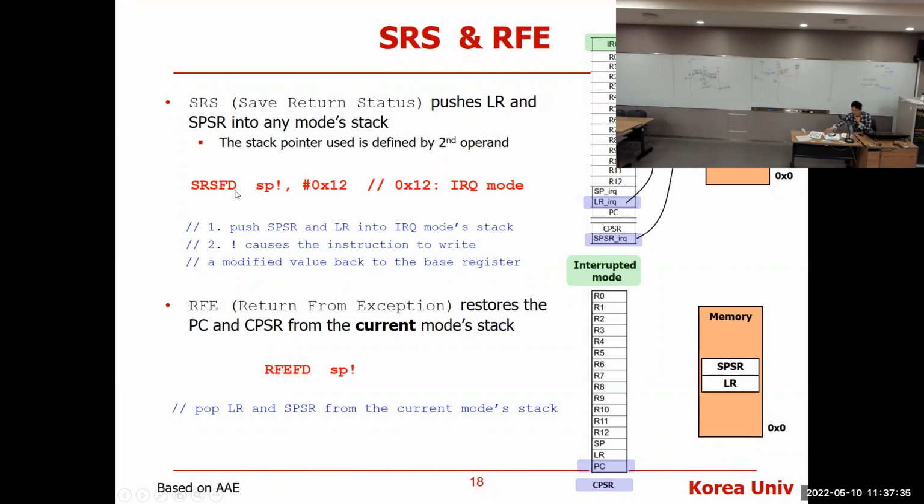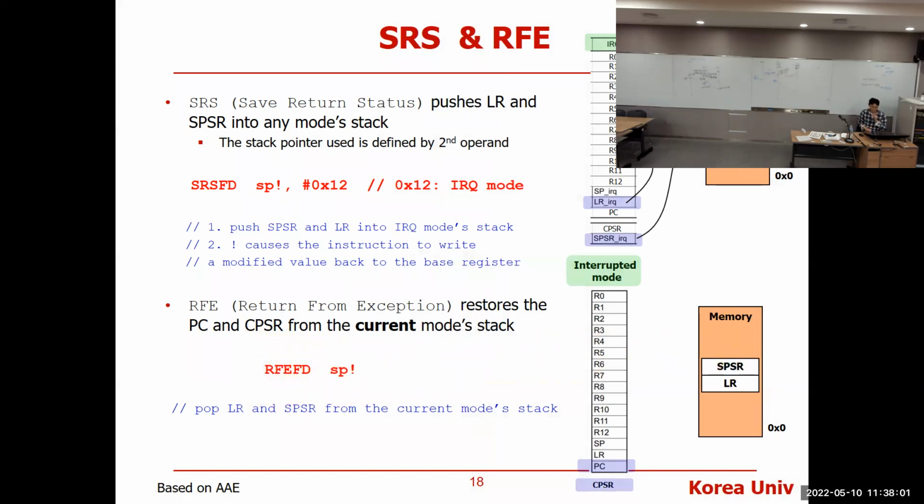And you have addressing mode, right? Same addressing mode, full descending. So pushing these two into the stack. And when you return, ARM is also providing this special instruction, return from exception. And that instruction is doing the opposite operation.